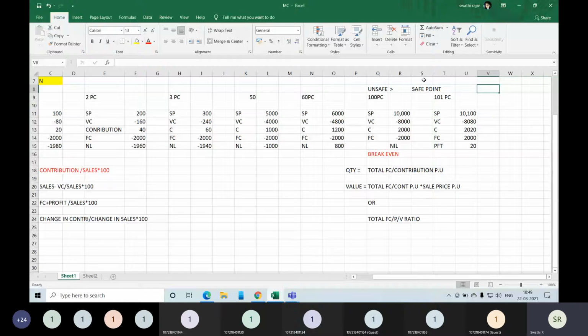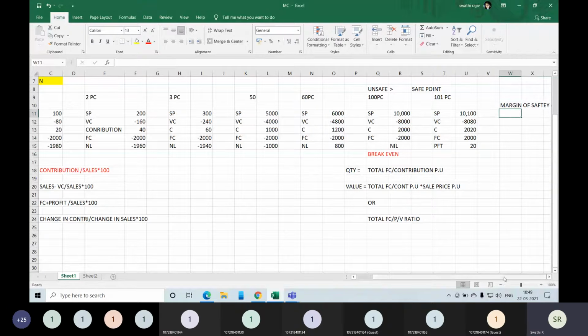So this movement from the unsafe point to the safe point is your next set of formulas, and that is called margin of safety, or we call it MOS.